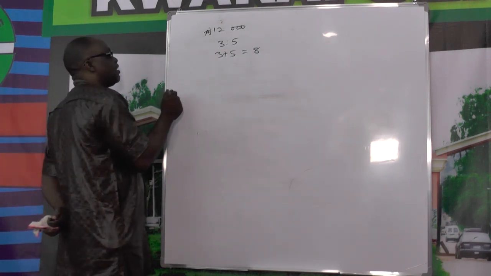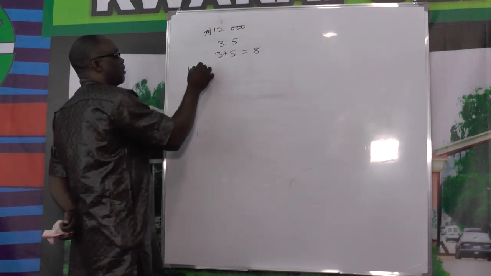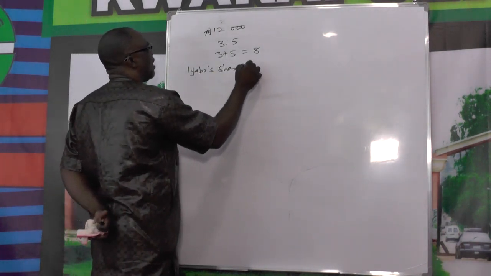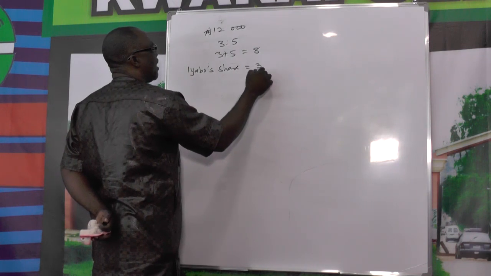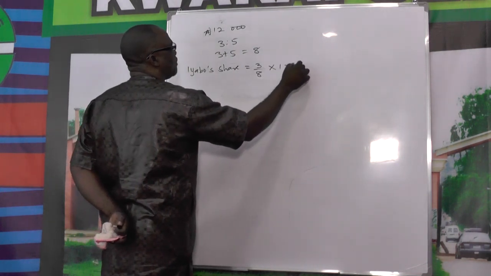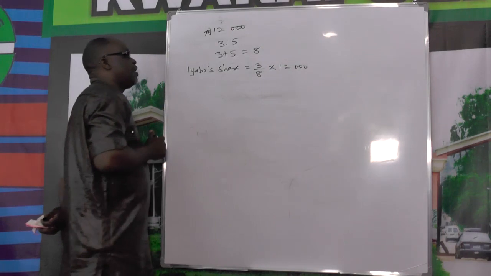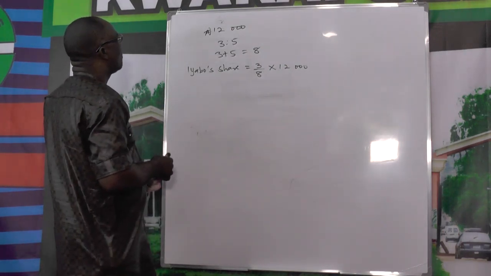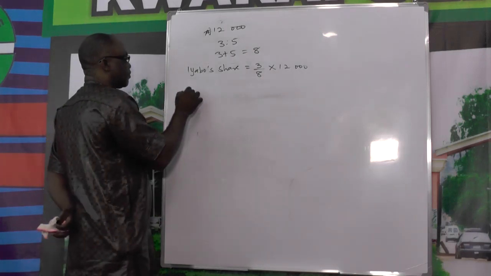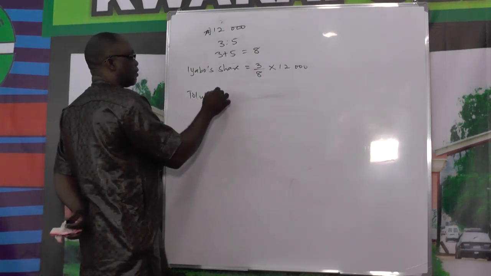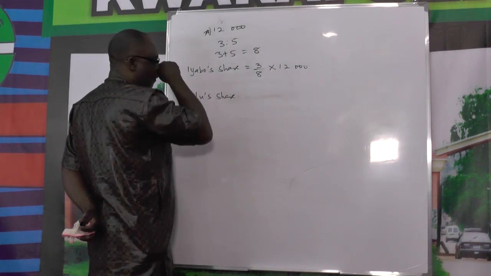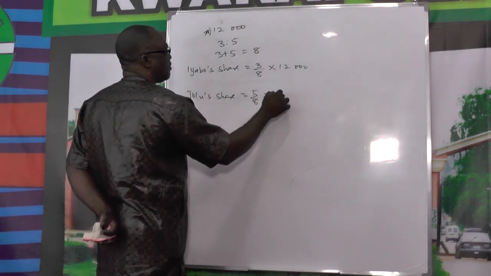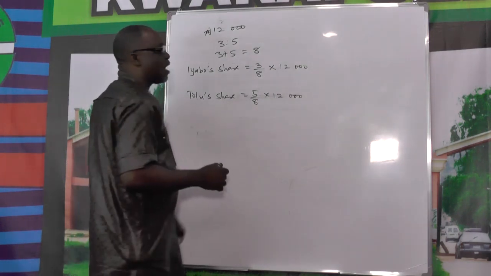So, if I want to get Iyabo's share, I simply say 3/8 times 12,000. And if I want to get Tolu's share, I say 5/8 times 12,000.